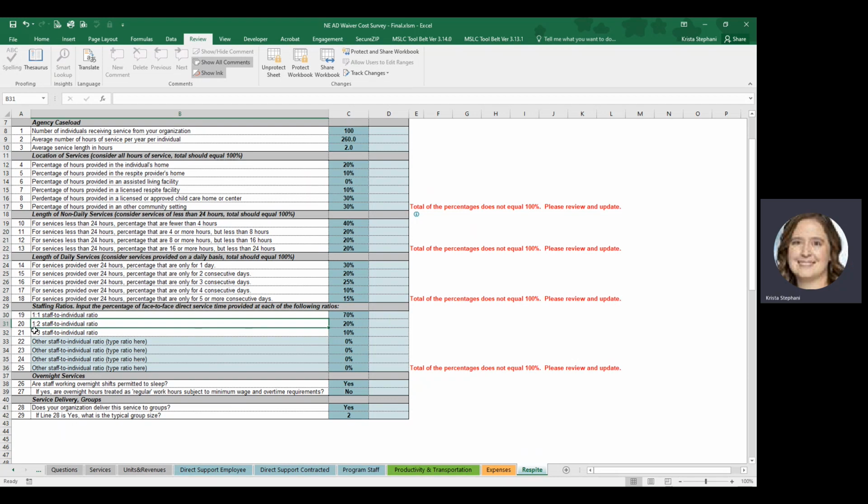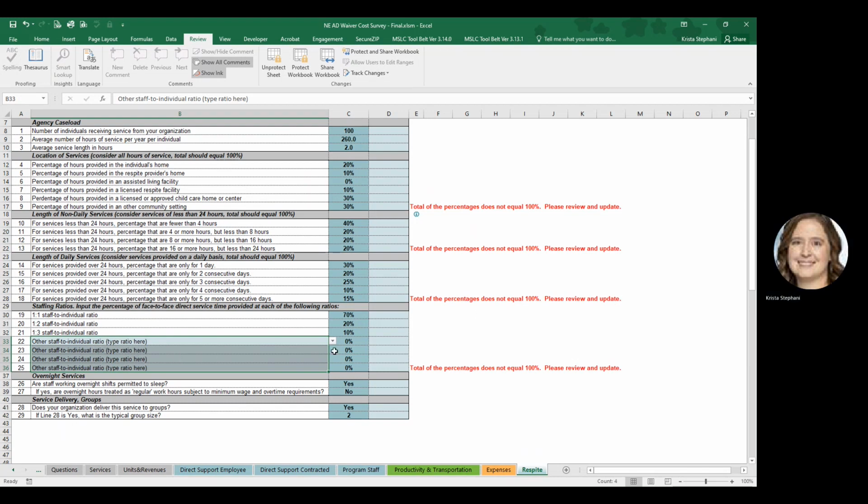Same as if you have one direct support professional serving 2 participants at the same time, you'd indicate that percentage, so on and so forth. If you provide services in a staff to individual ratio that's other than populated here, you have the ability to provide that information and to specify here on these lines the specific staff to individual ratios that your organization provides services for.